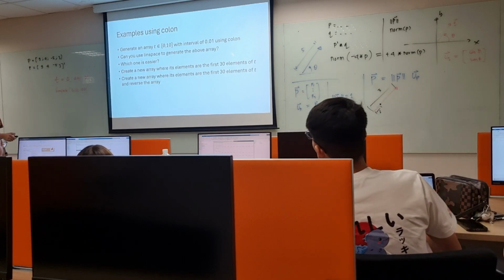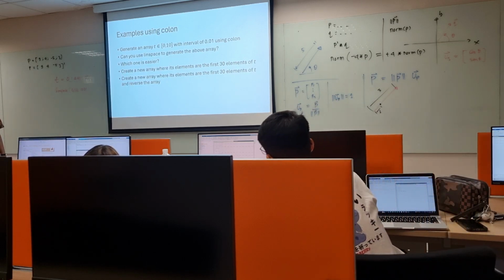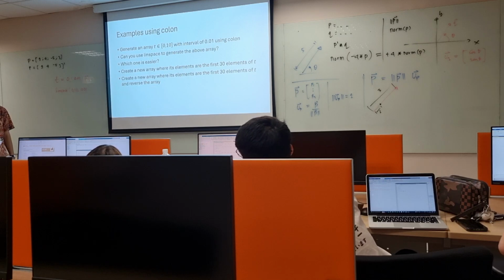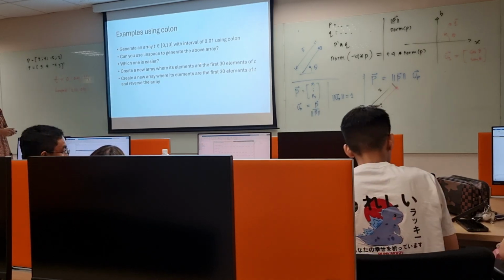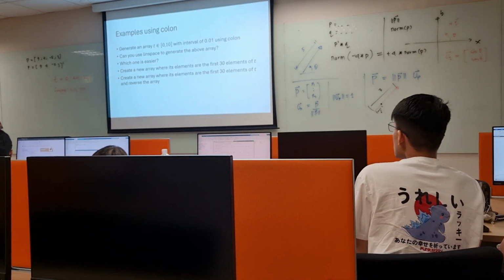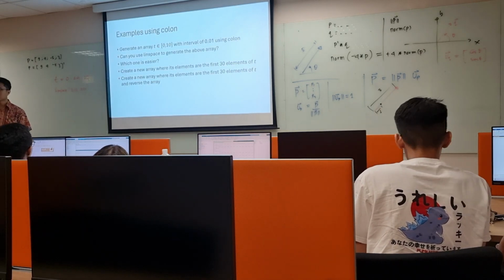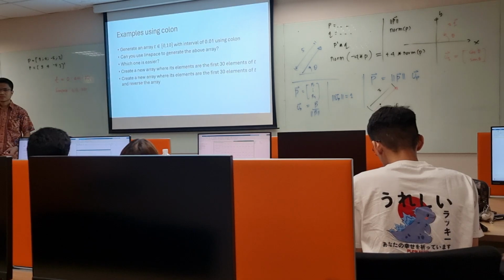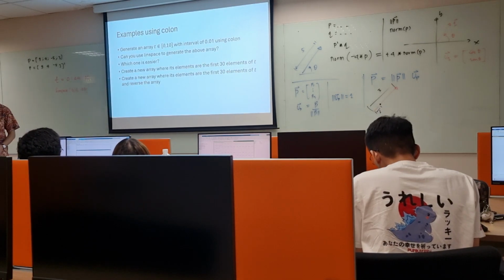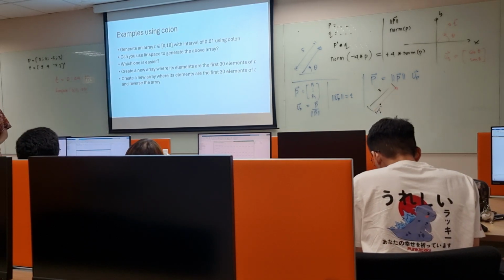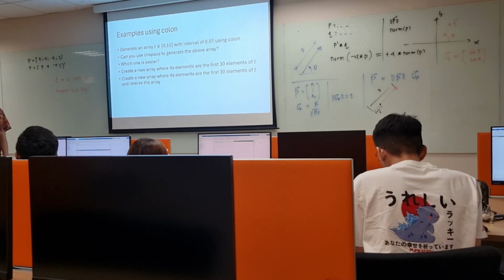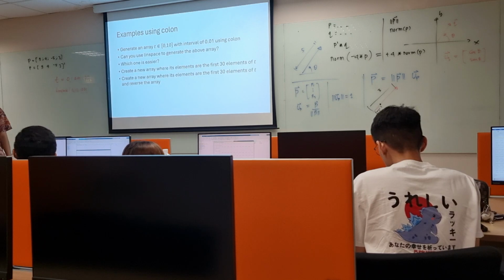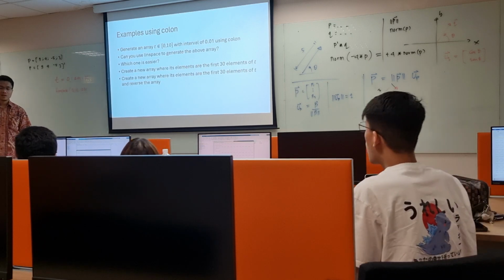Okay, now the next challenge. You have made the array T here. Create a new array, the first 30 elements of T. How to do it? Can anyone do it? Anyone know? You learned it already?